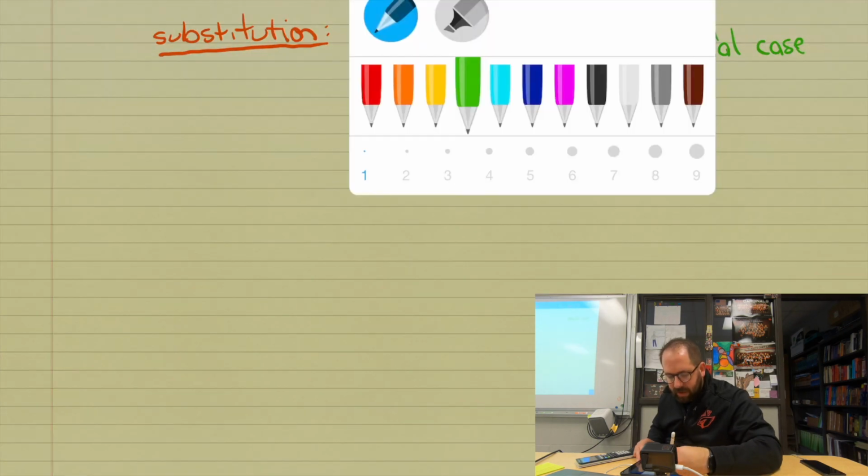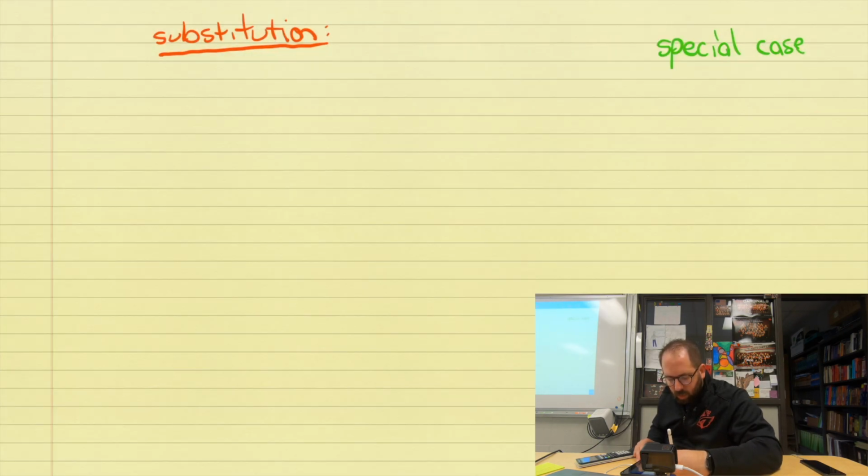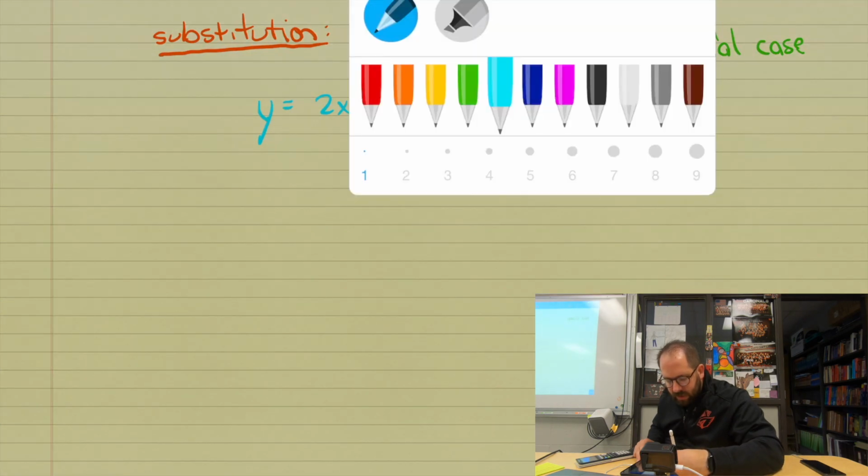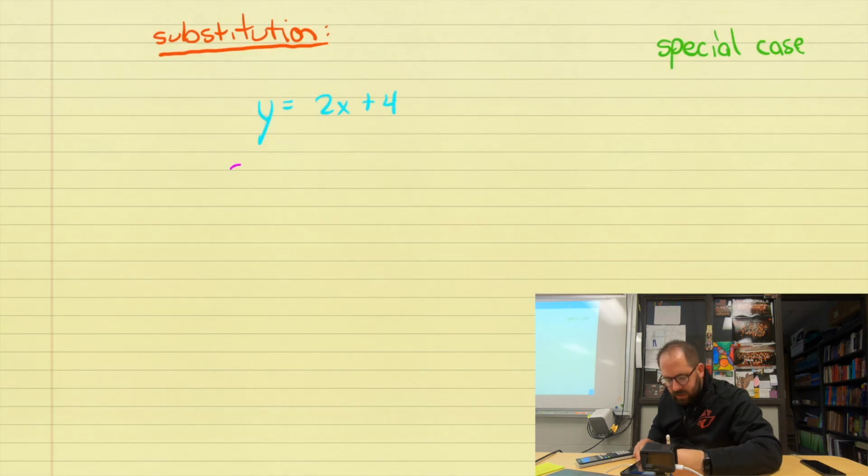Let's say that my problem is y equals 2x plus 4, and the other equation is 8x equals negative 4y plus 16.